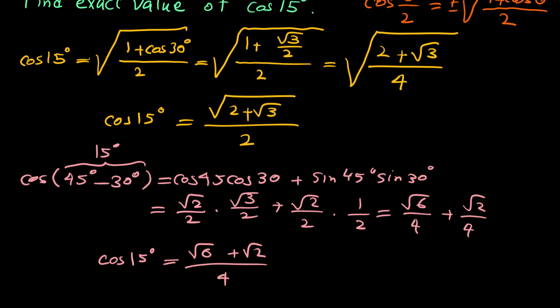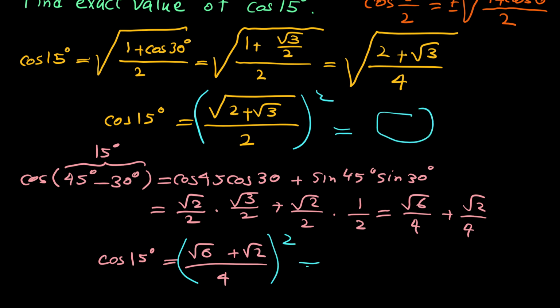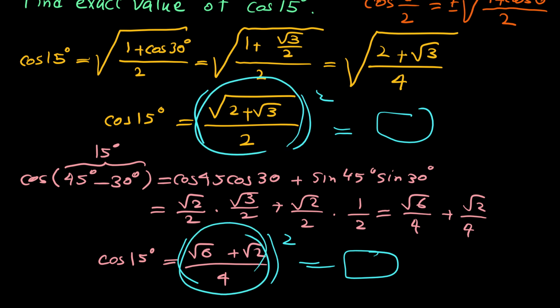But attention, what you have to notice. If we raise this to the 2 and we raise this to the 2, and the answers are the same, can we conclude that the original numbers are also the same? Not always, but in this case, yes, because these are positive expressions.